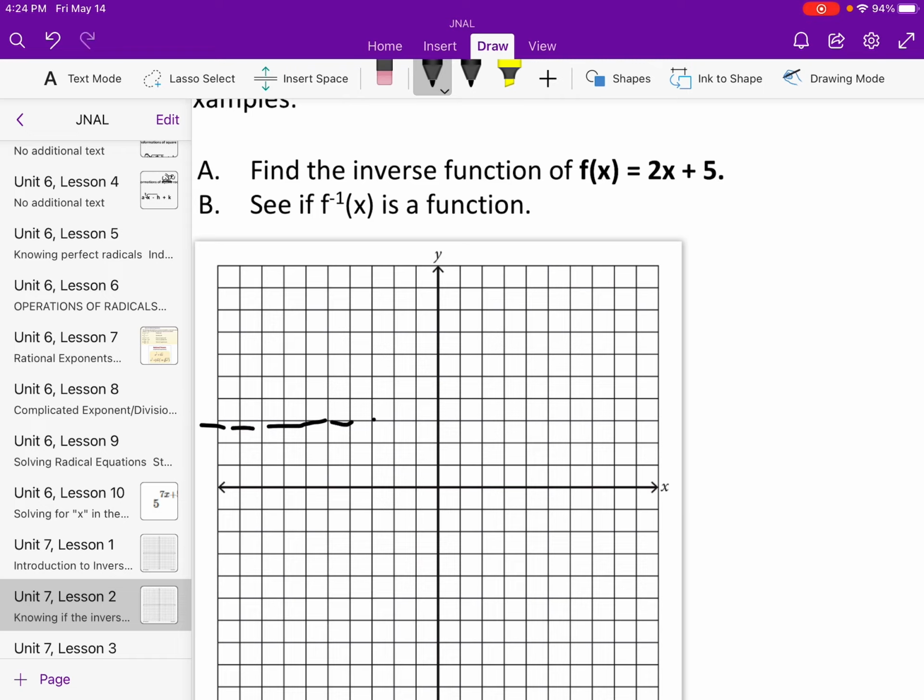If we had a graph like this, it passes because it only goes through once. But if it's something like this, it fails. So something that looks like a quadratic means its inverse wouldn't be a function, because it always fails the horizontal line test, meaning the inverse would fail the vertical line test. So that's the horizontal line test.